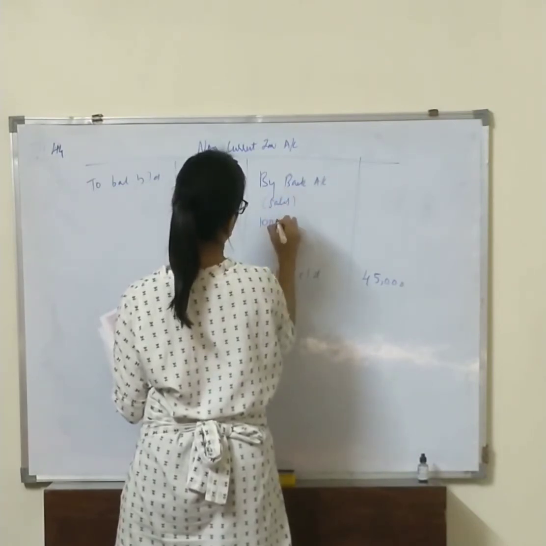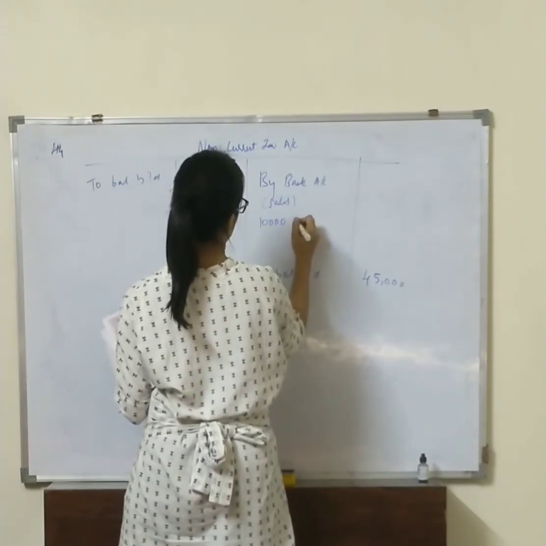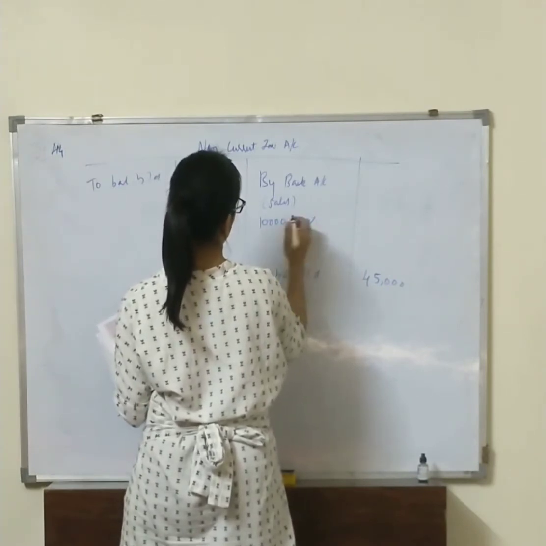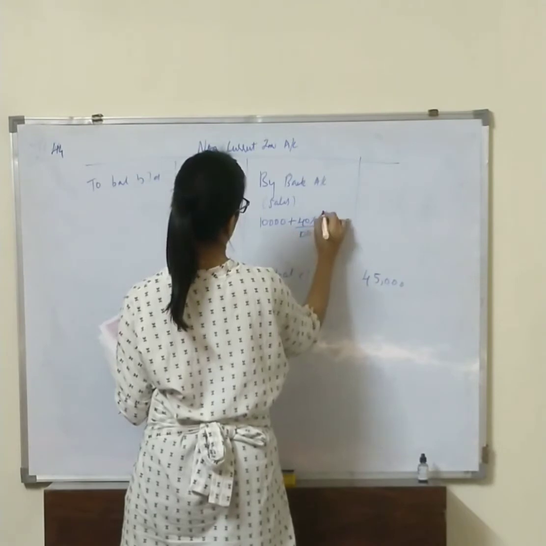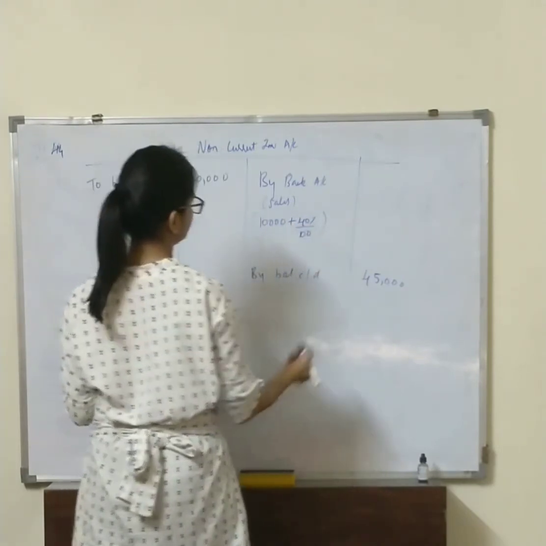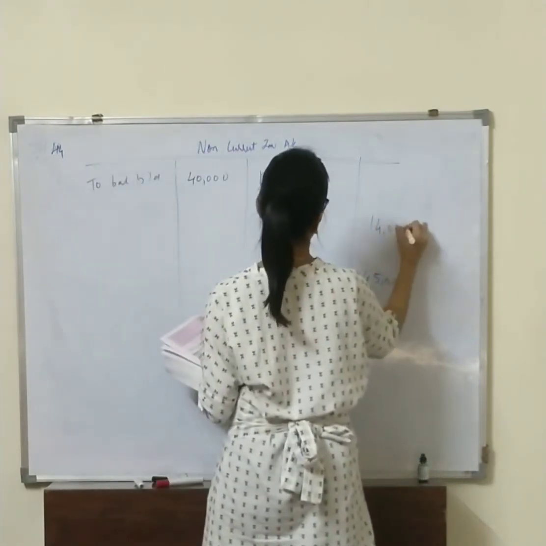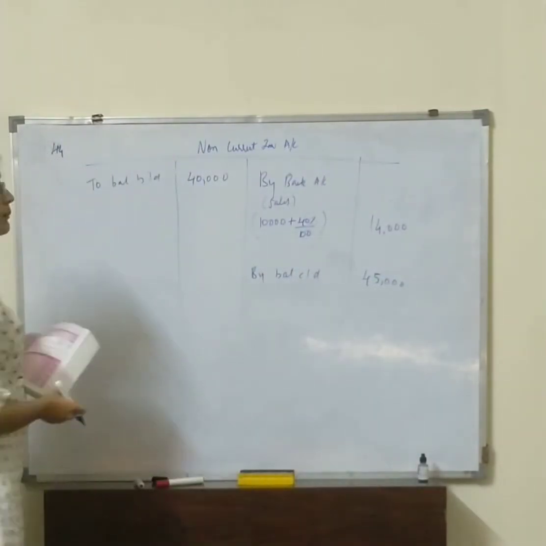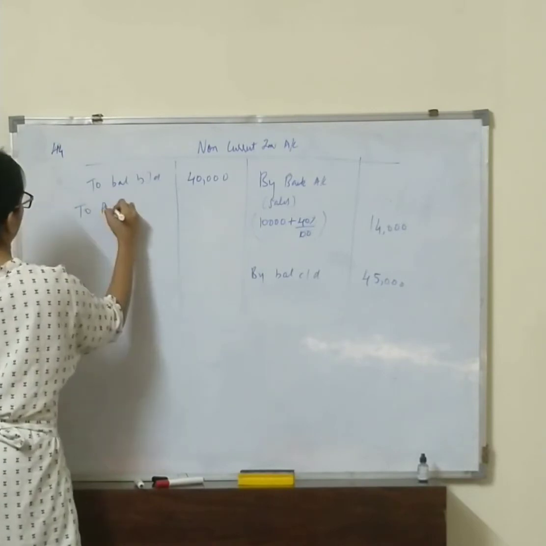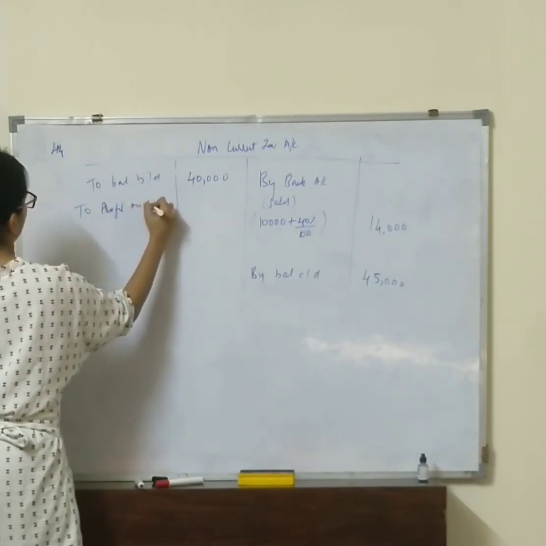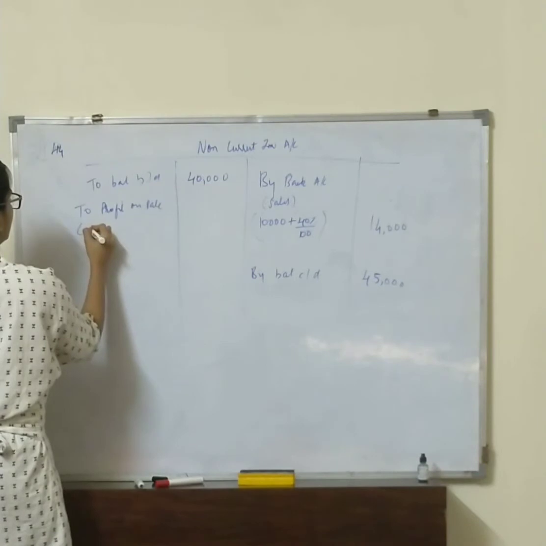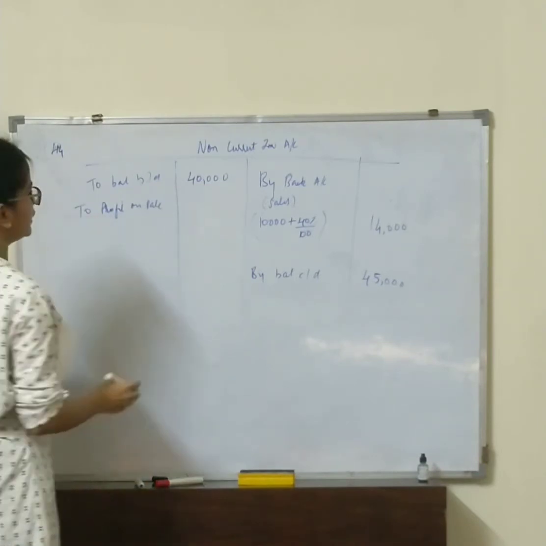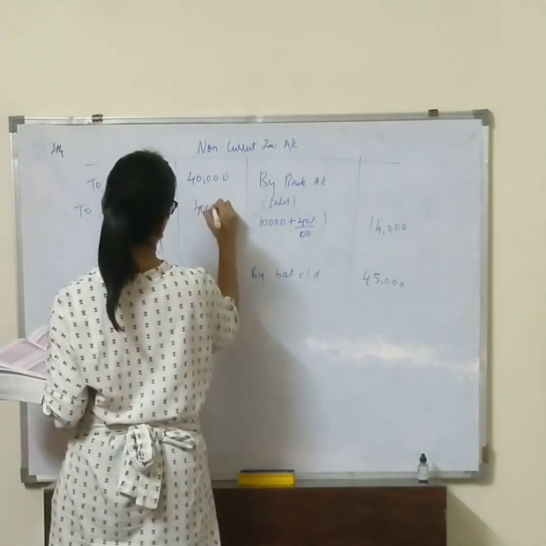So 10,000, we sold it for 40% profit. So it is 10,000 plus 40 by 100. How much do we get? We get 14,000. So what is the profit on sale of investment? To profit on sale in bracket it will be 4,000.